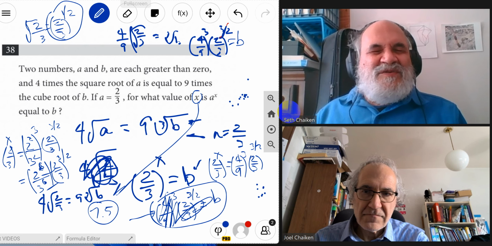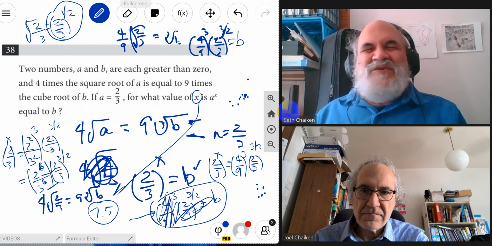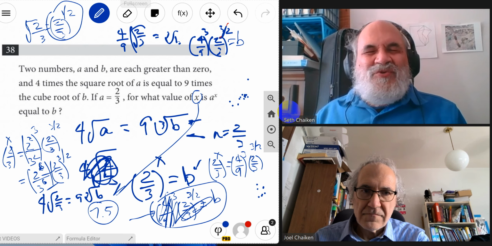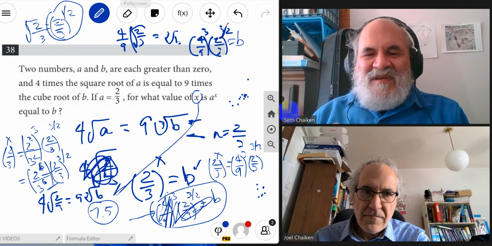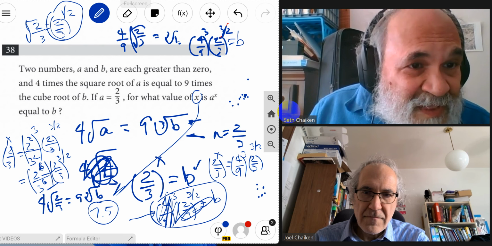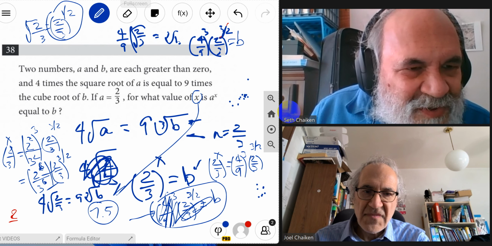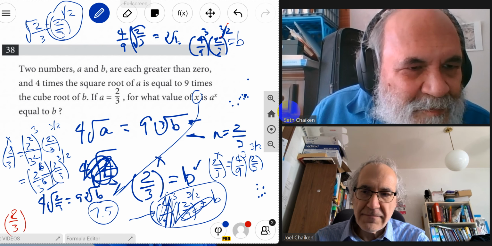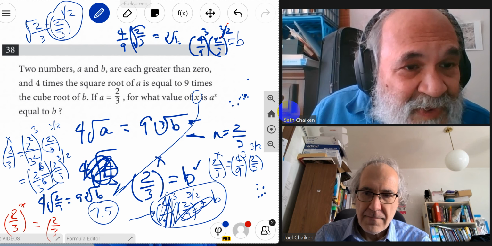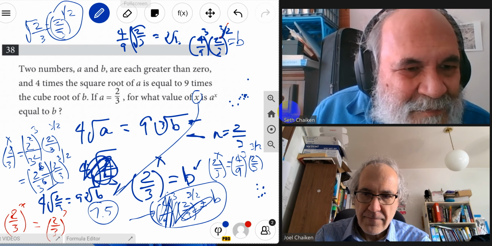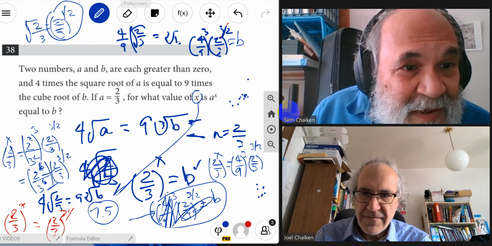Simplify the composition of facts and you just follow your nose, and it leads you to the next to last equation, which is 2/3 raised to the x power equals 2/3 raised to the 7.5 power.